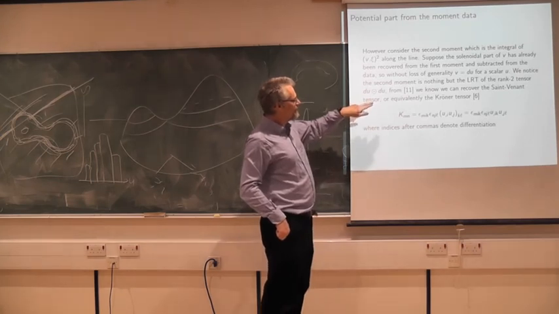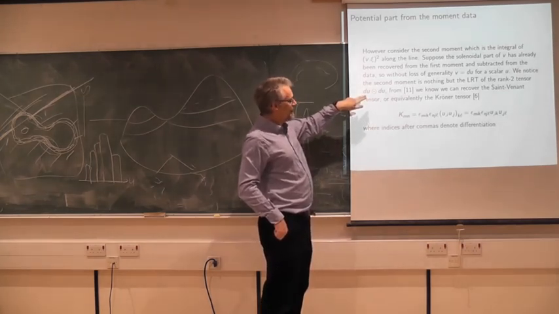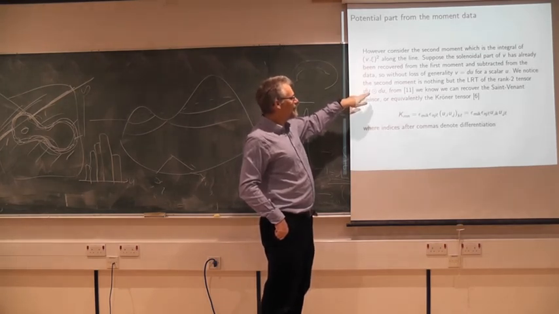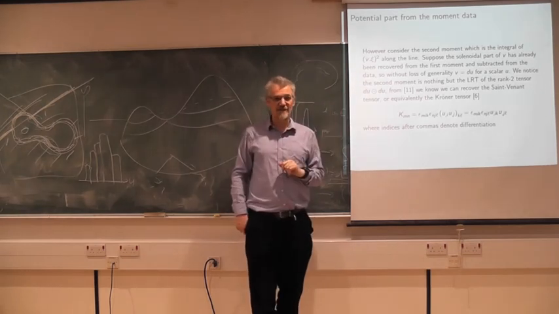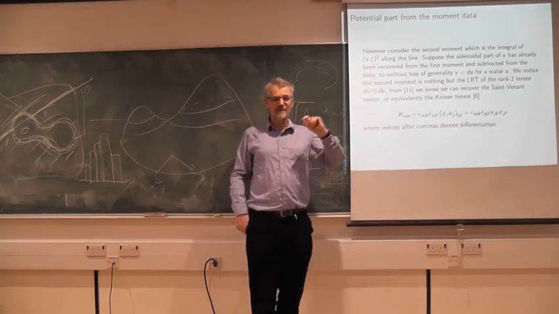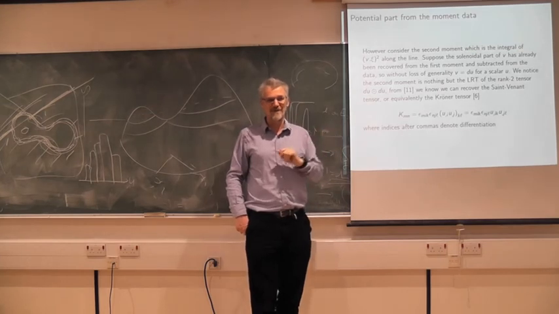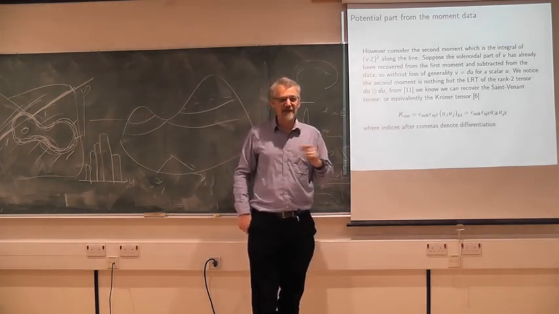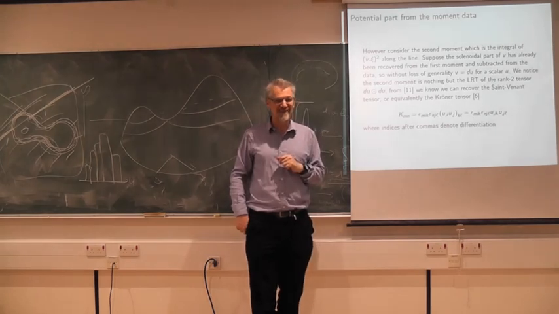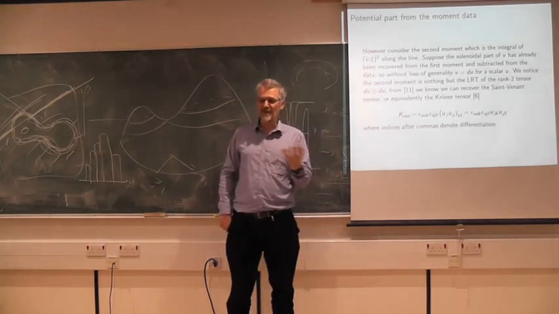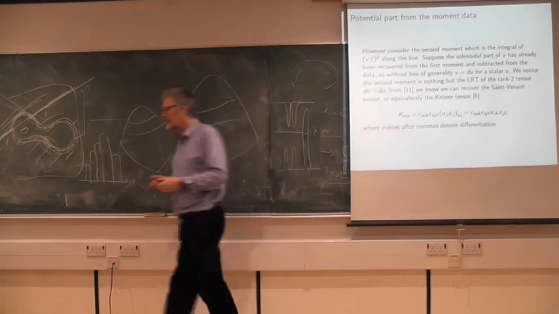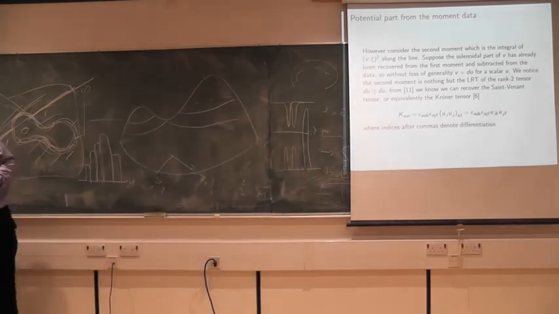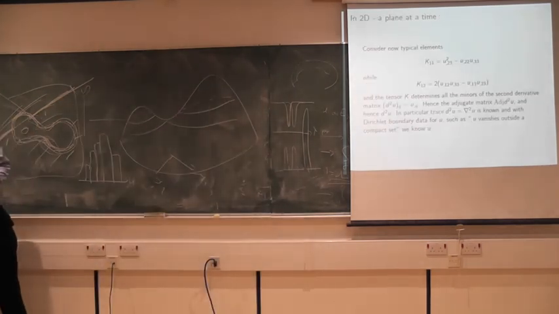You can just use the formula for the longitudinal ray transform for the second rank tensor, and it gives you the Saint-Venant tensor of this thing, and that's the data that you get. So from the second moment, you get derivatives of the thing you want, in other words, a PDE for the things that you want. And you can take all the higher moments, you get higher order PDEs. But in this case, we can find something a little bit useful.